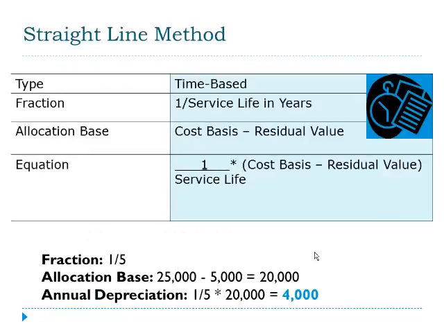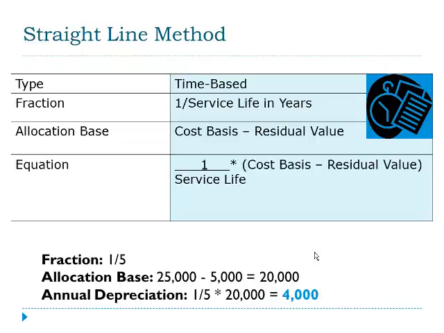In this case, the straight line method would use as the fraction 1 divided by the service life in years, or 1/5. If we put that in percentage terms, that's 20%. That is 20% of the value of the asset will be depreciated in each of the next 5 years. Well, what do we multiply that fraction by? It's going to be the cost basis minus the residual value.